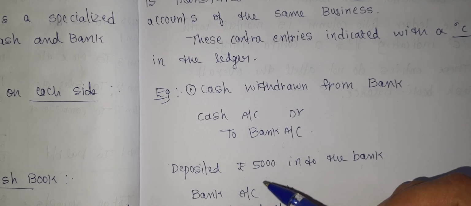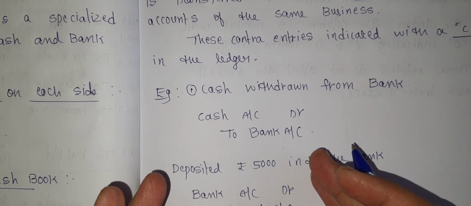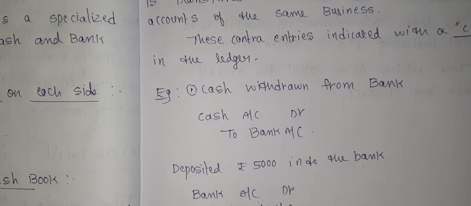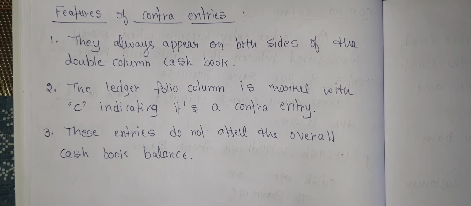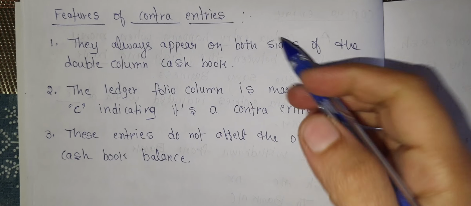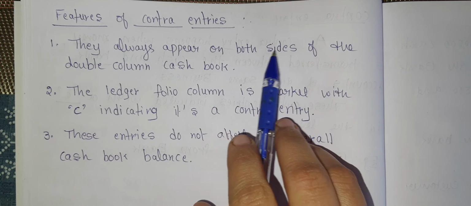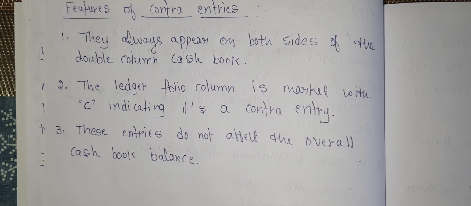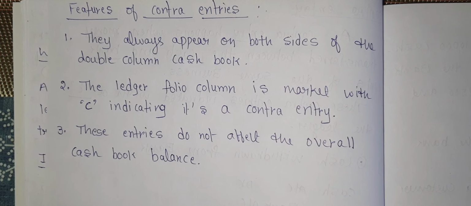Okay, here I will explain where we have to enter these entries in the double column cash book through an example. Before that, we will see the features of contra entries. What are the features of contra entries? First one, they always appear on both sides of the double column cash book, means debit side also, credit side also, or under receipts and payments.